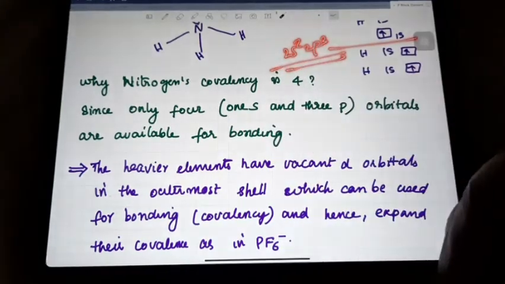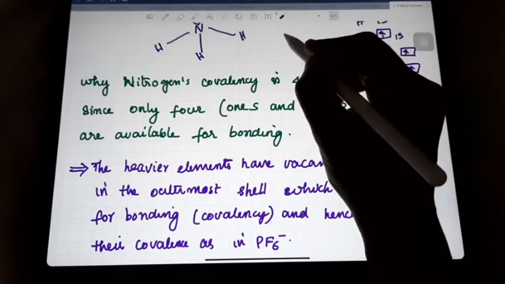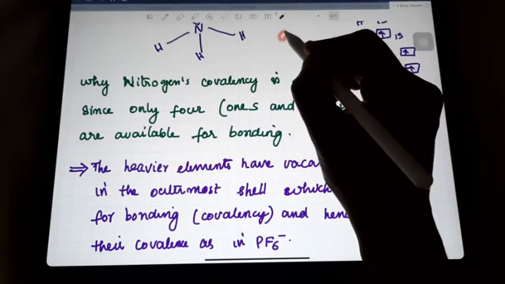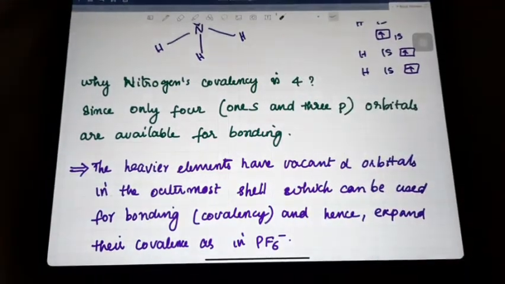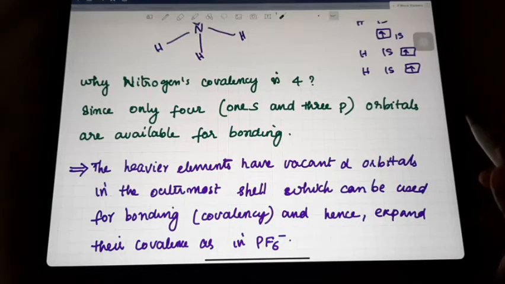But in the heavier members of group 15, you can see there are vacant d orbitals in the outermost shell. So that d orbital will be used for bonding, and their covalency also will be expanding. For example PF6 minus. So the covalency will be extended.